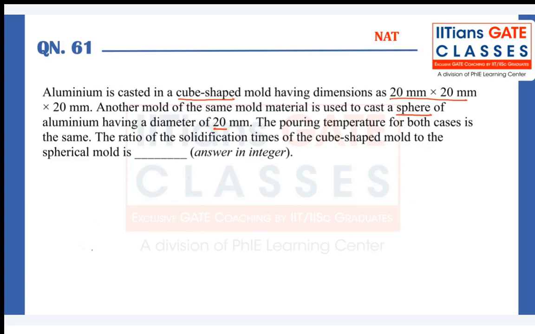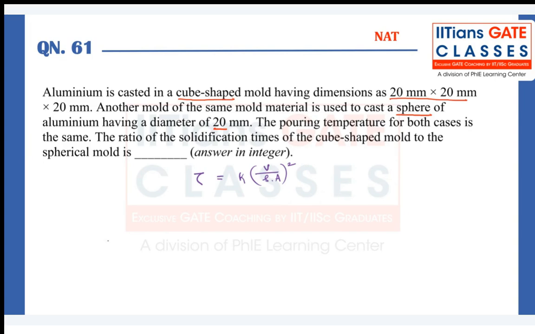What is the solidification time according to Chvorinov's rule? Solidification time is equal to k into volume of the casting divided by surface area of the casting, whole square. V stands for volume, SA stands for surface area. We have solved a lot of questions of this kind.